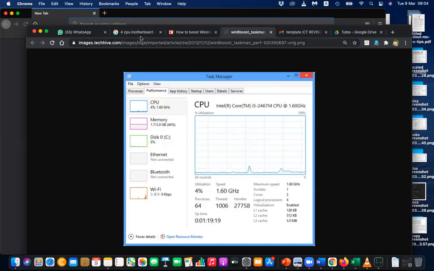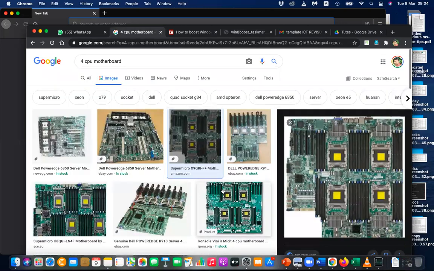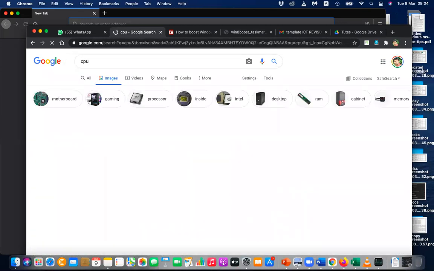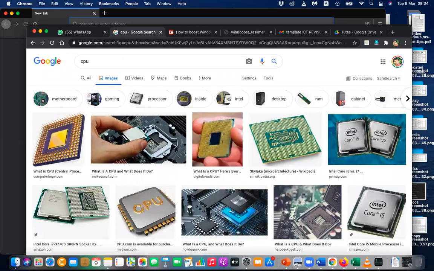Cores means inside, logically or physically, inside the CPU there can be multiple cores. Multiple cores means multiple ALUs. But you can't physically see this from outside.